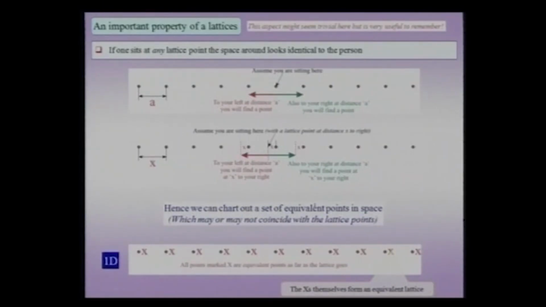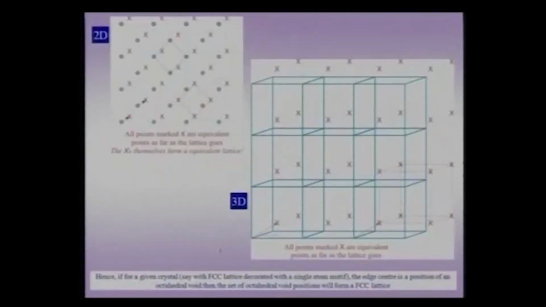In the one dimensional example shown below, all the points marked with a circle or filled circle form a lattice, and all the points marked with an x also form an equivalent lattice. This is an important point, and let us consider 2-dimensional and 3-dimensional analogues of this same concept.